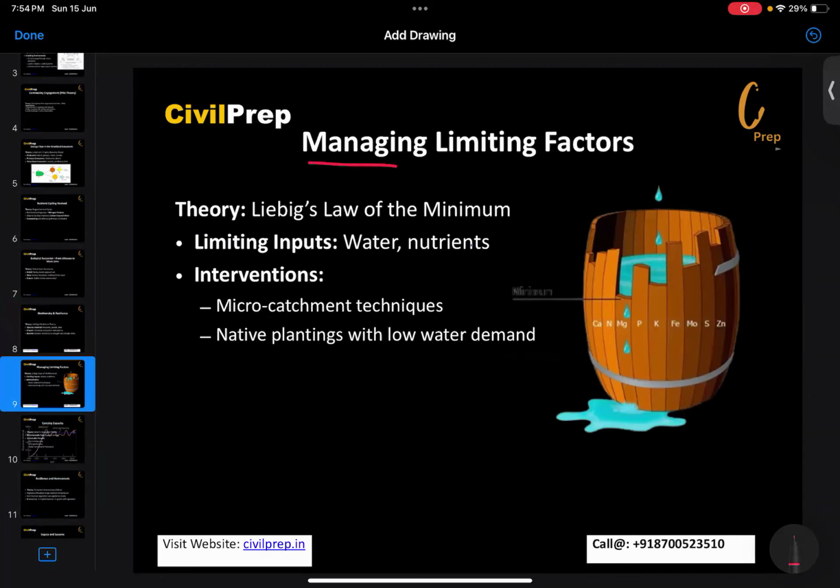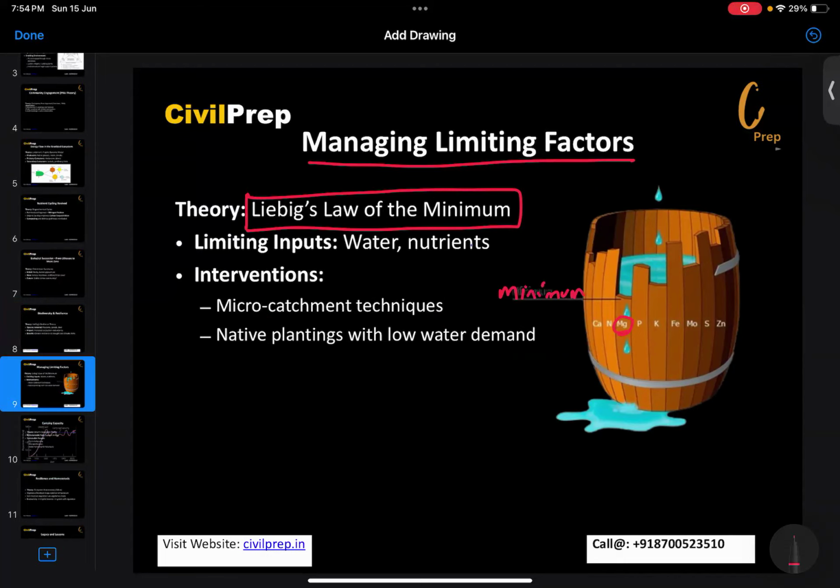Next is managing the limiting factors. This is an important law which is given by Liebig, that is the law of the minimum. For example, in a particular region there is a very low presence of magnesium, and this is acting as the minimum.